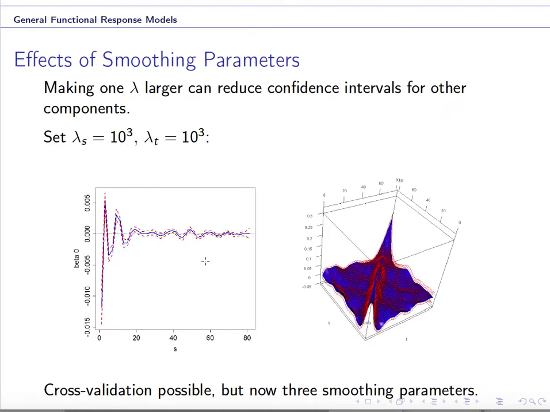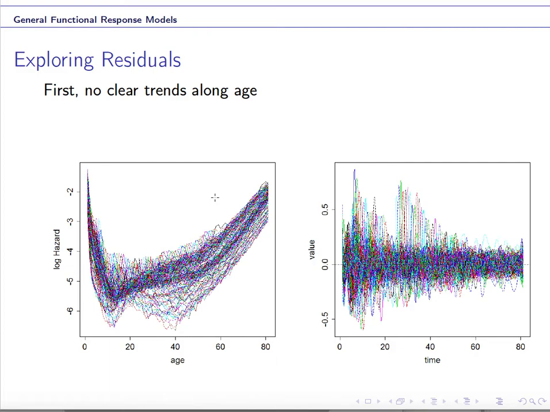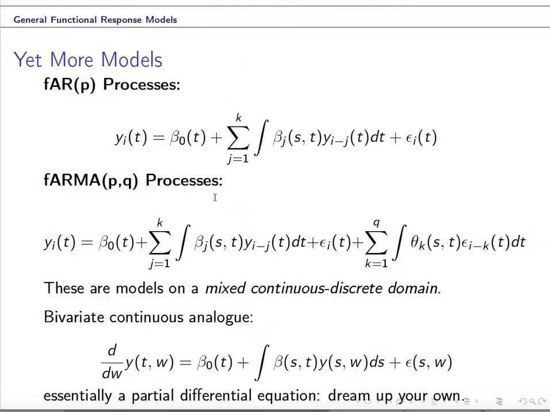So in order to control the smoothness of the bivariate coefficients, we can also include a smoothing penalty on them. This is the general function-on-function linear model.